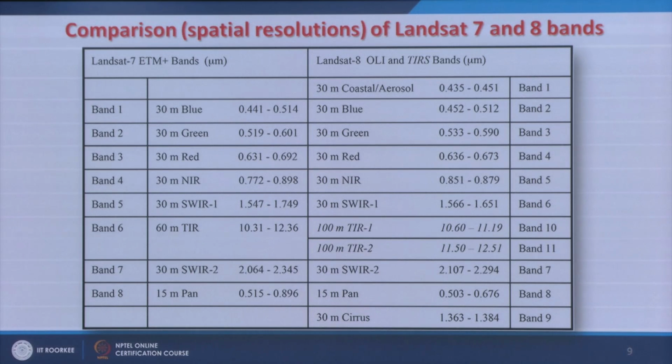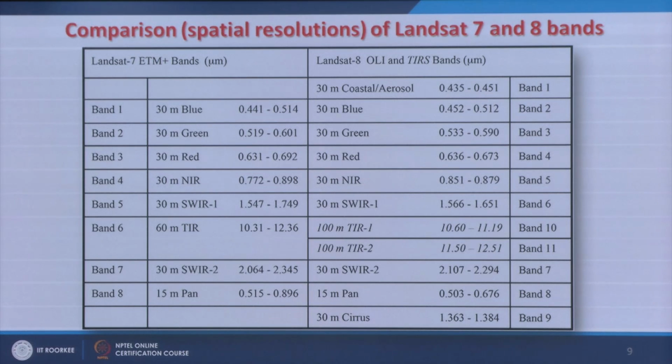That means our spectral resolution is improving, we are putting more bands within the available atmospheric windows. And band 6, if you see here, was providing data at 60 meter resolution, now it is providing it in Landsat 8 at 100 meter, but instead of one channel, now we are having 2 thermal channels of data. In the case of band 7, the spatial resolution remains the same, though there are some changes in the spectral band.